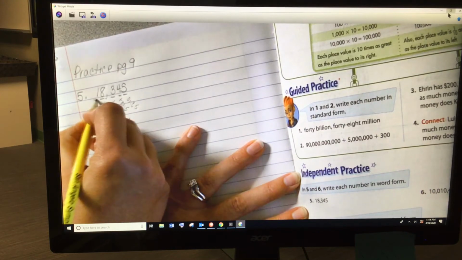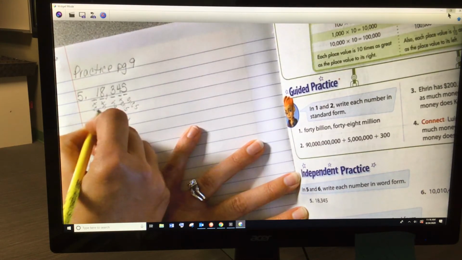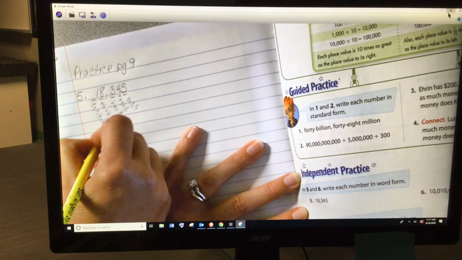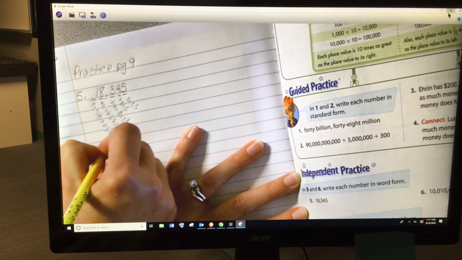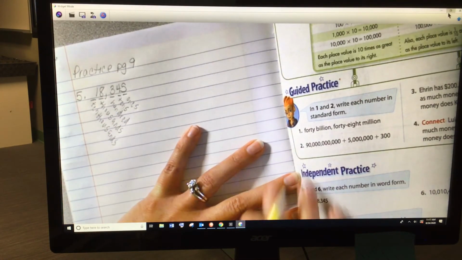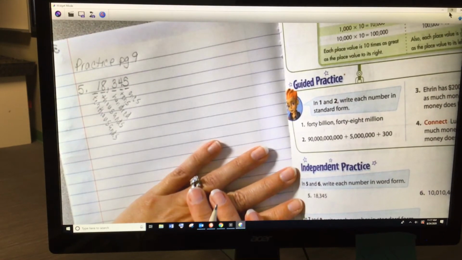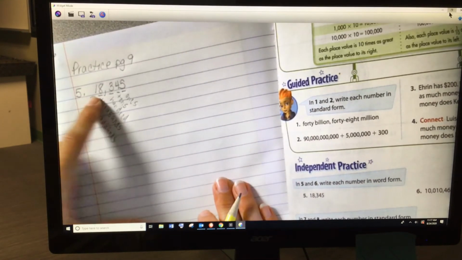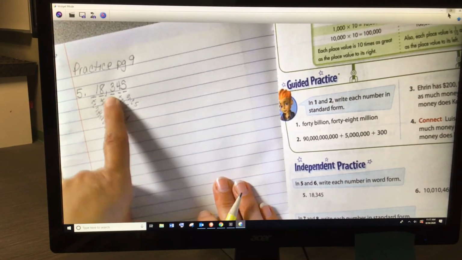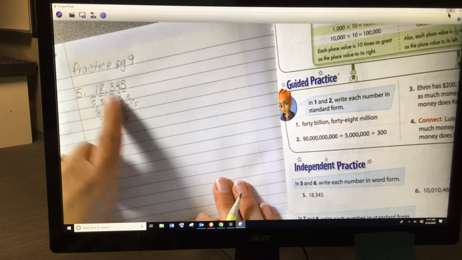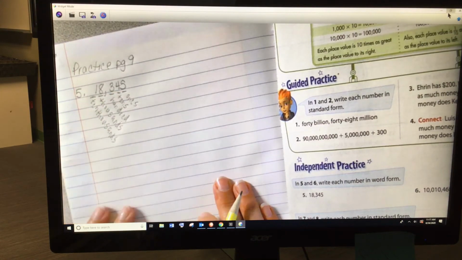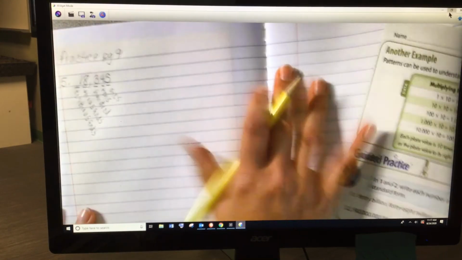And we have the 10,000s place. All right, so we have to read this like we would use it in word form. So we have 18 what? 1,345. So we're going to write that in words.